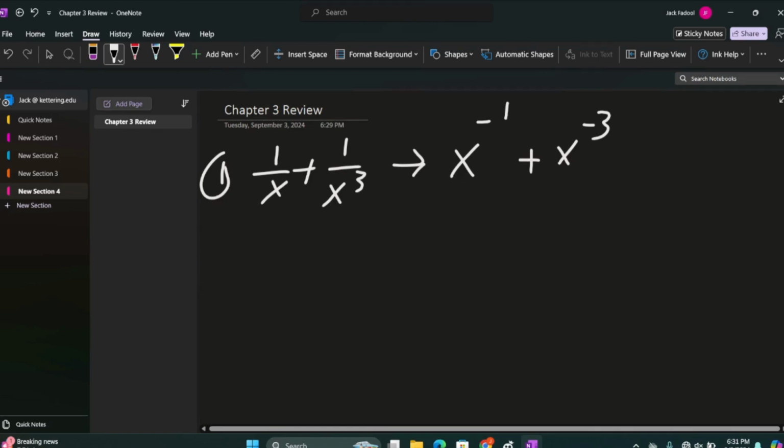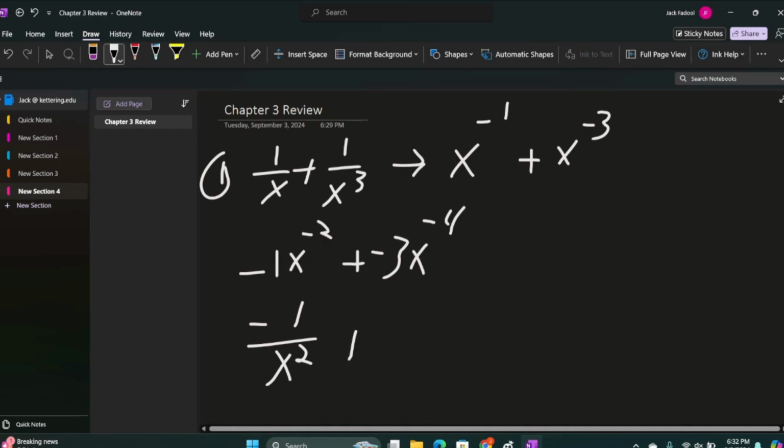So we'll just use power rule for these. So negative 1, x to the negative 2. And then to simplify, it'll just be negative 1 over x squared plus negative 3 over x to the 4th.